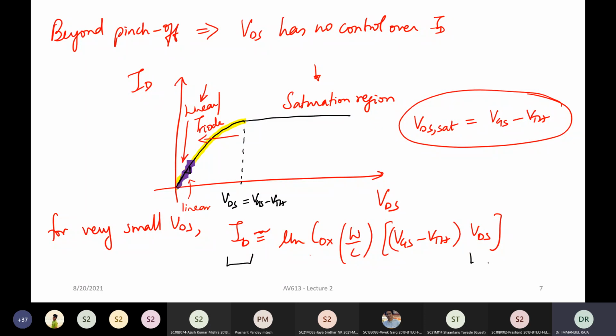Sorry, this is not your voltage. This is your voltage quantity. Correct. Now, for a given value of VGS, how does this behave? Let me just rewrite the expression here.